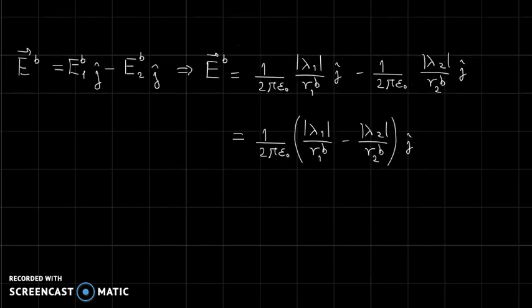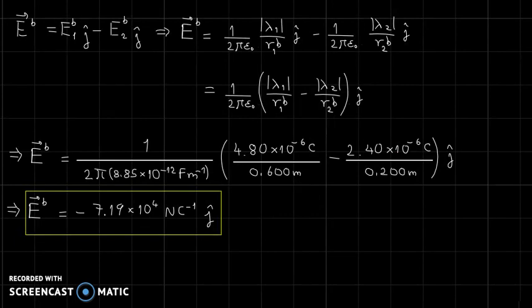Here I have factored out the common terms 1 over 2 pi epsilon 0 and j hat. Let's plug in the numerical values and calculate the final result. Here's our final result. The electric field vector at point B has magnitude 7.19 times 10 to the 4th newtons per coulomb, and it points in the negative y direction.